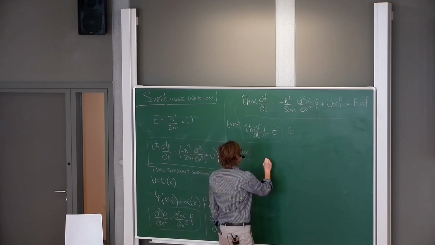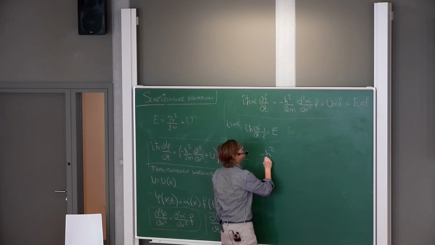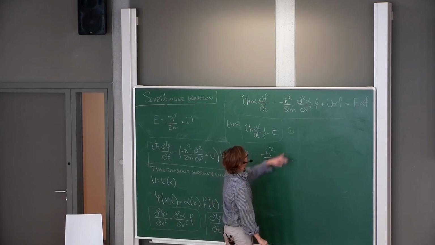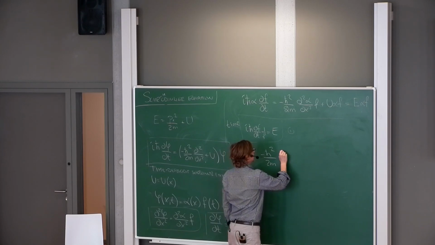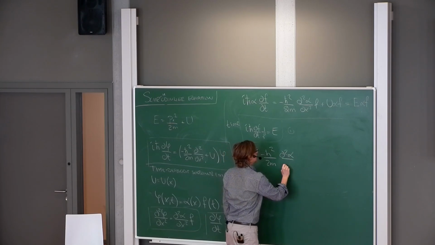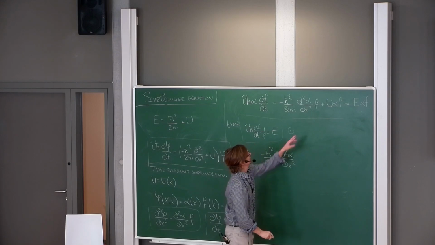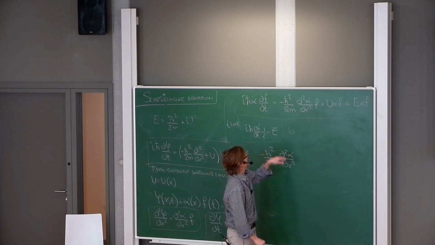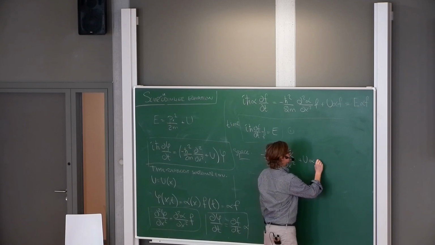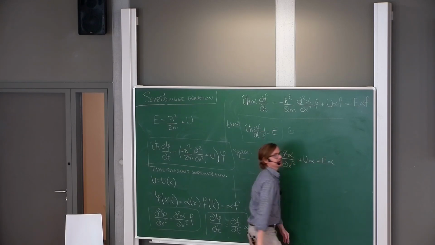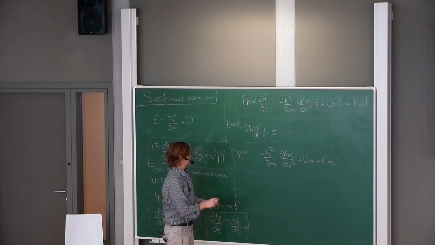And for the space part, we get minus h bar squared over 2m, d squared alpha dx squared, and then we divide by that, so we get plus U alpha equals E alpha. Okay?